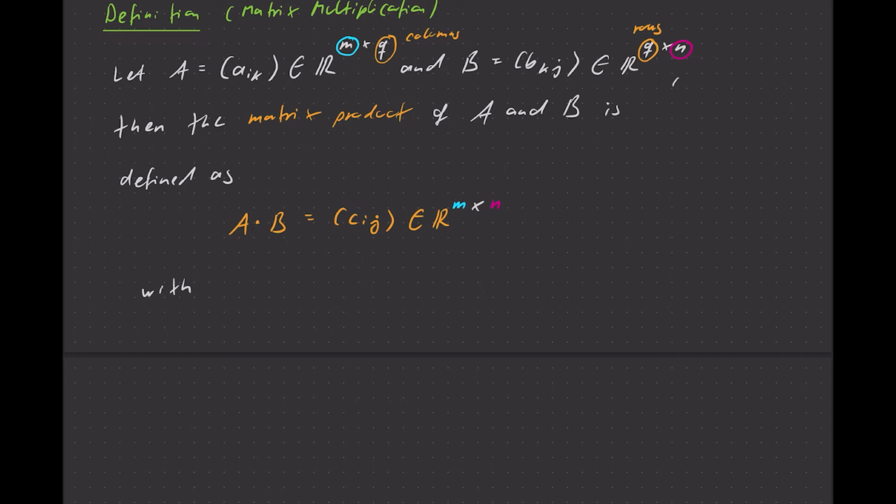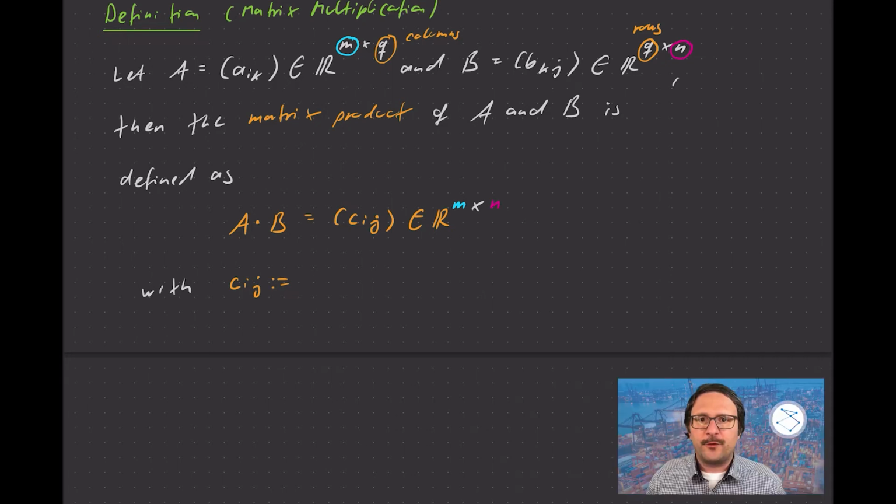And let's see how to compute these c_ij's here. Now what we do is basically for an entry c_ij, we need to take the jth column of B, because the result is going to be in the jth column of the final matrix.